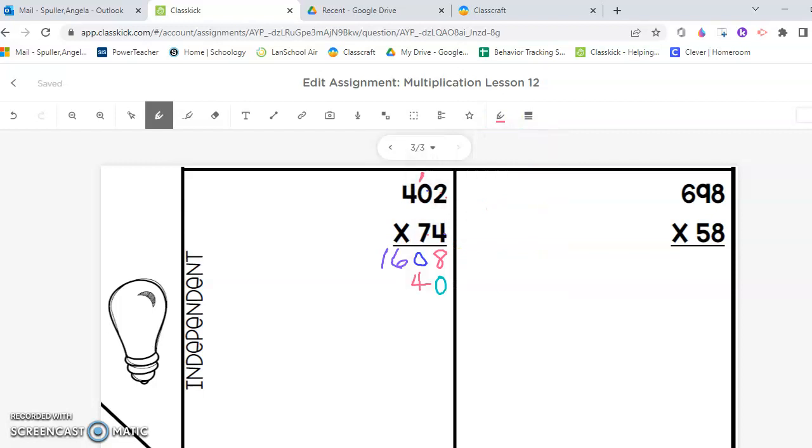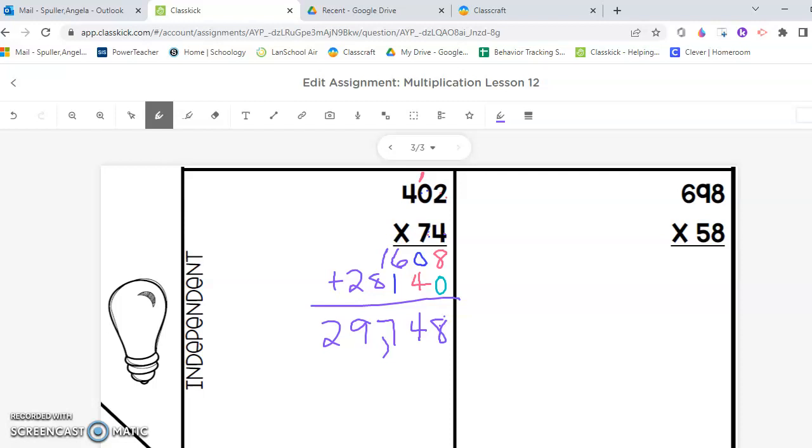Carry the 1. 7 times 0 is 0 plus 1 is 1. And 7 times 4 is 28. Now time to add. We get 8, 4, 7, 9, 2. So you should have gotten 29,748.